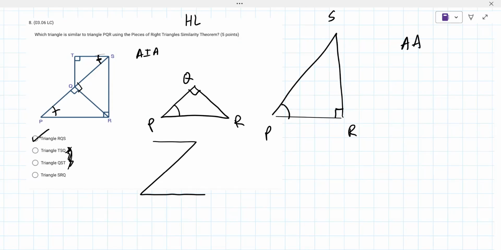All right, next up is number 9. This is one of the written questions.